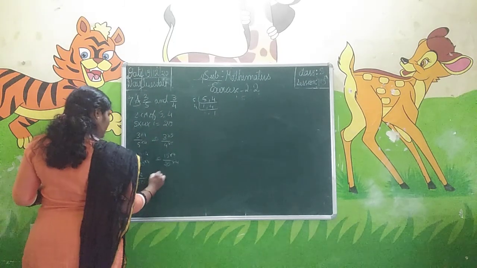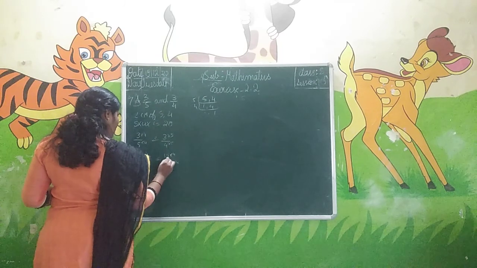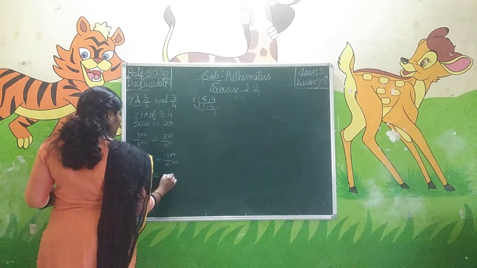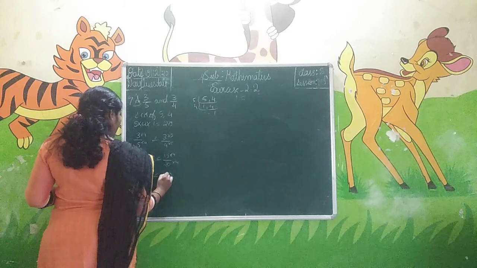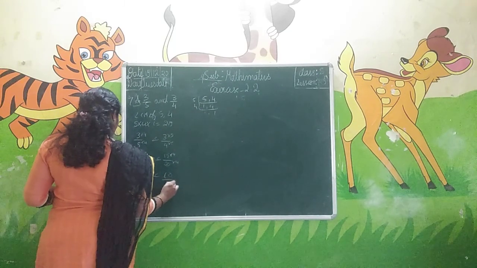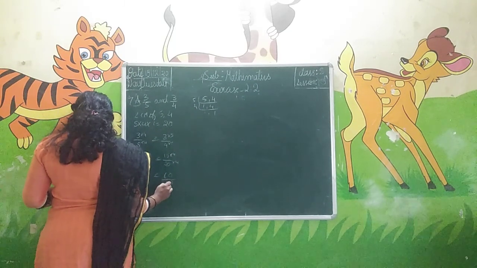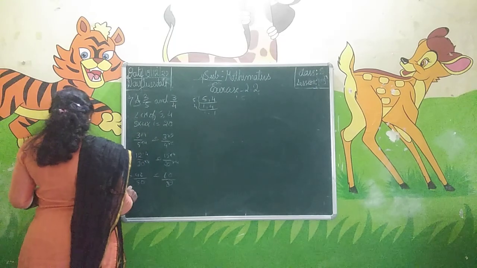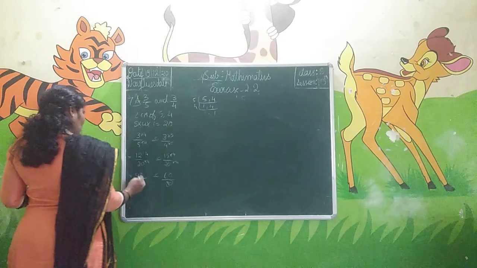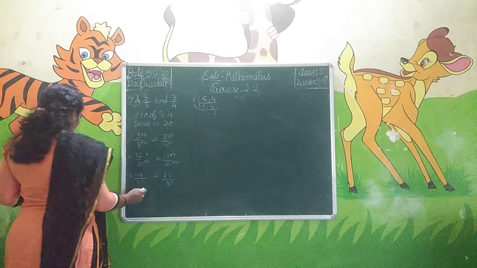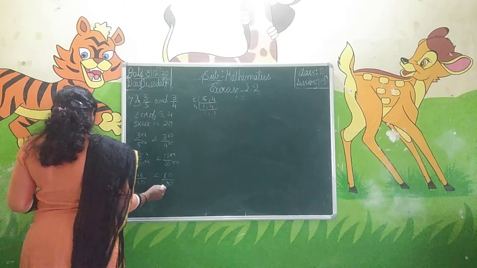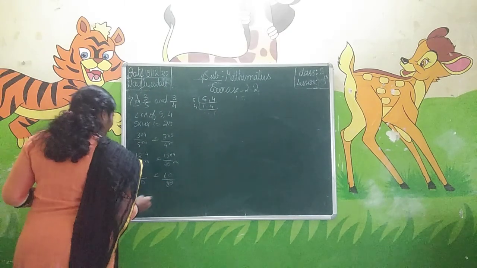And 15 4s are 60 by 80. They have asked only 10 rational numbers, so we can get it very easily between 48 by 80 and 60 by 80.